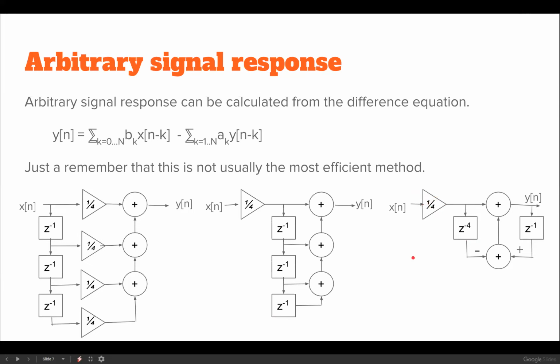Usually multiplication is a slower operation than addition, so you try to have as few multiplications as possible, but the number of operations is the key point here. The number of multiply accumulate operations is one measure of digital signal processing performance: how many MACs a system can do in a second.